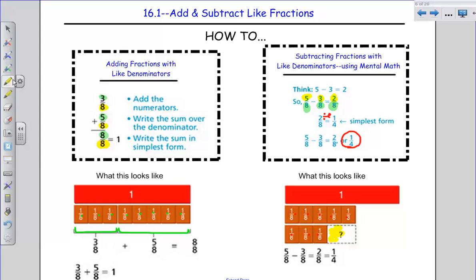Well, I can see real easily that I'm missing 1, 2 tiles, so I'm missing 2/8. And we just said that that's going to be reduced to 1/4. Okay, so again, my denominators are the same. I get to rewrite my denominator, and I'm back to just doing my basic addition, basic subtraction facts.